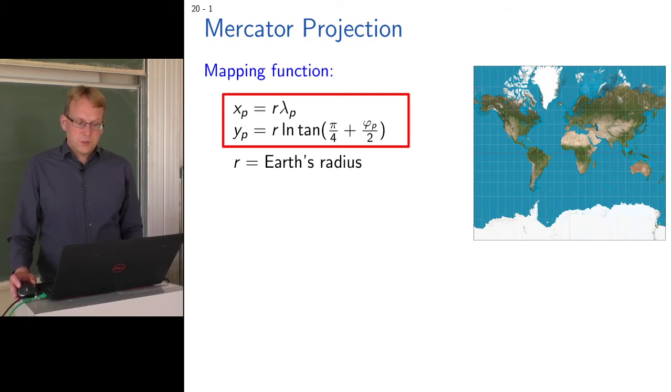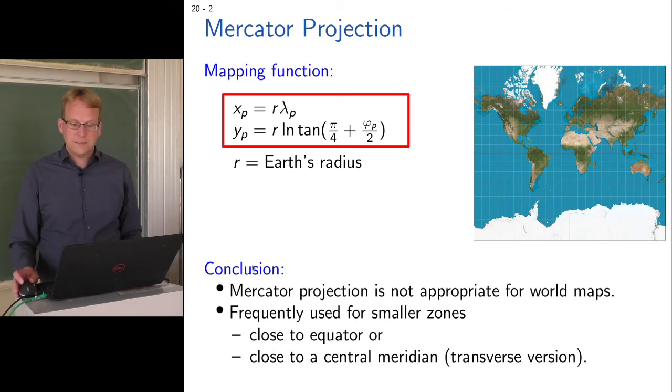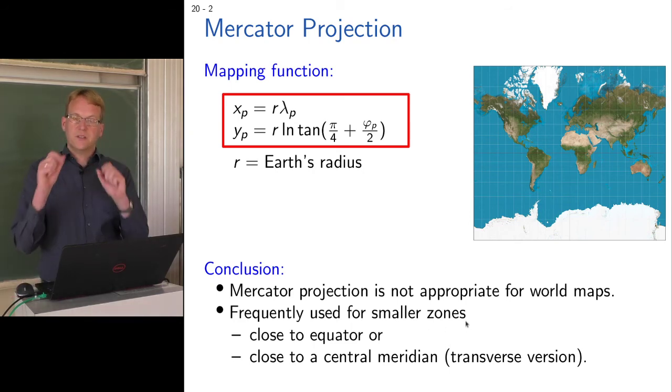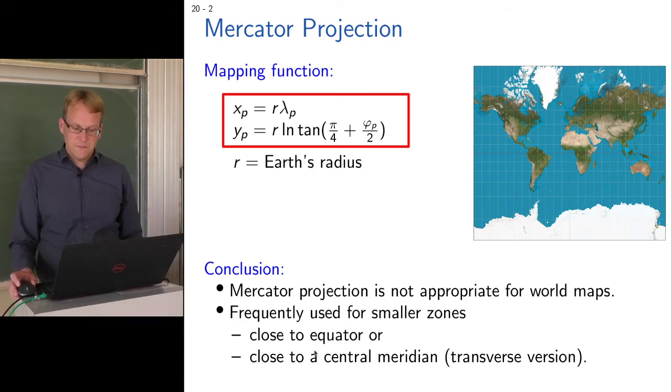So to conclude, we had the Mercator projection with its mapping function. We can see this is probably not appropriate for world maps because we have these high area distortions. However, it is really important for smaller zones because it's aspect ratio preserving, especially close to the equator.